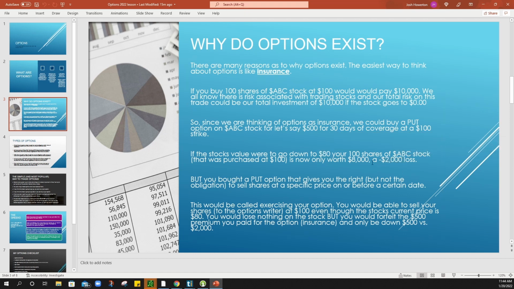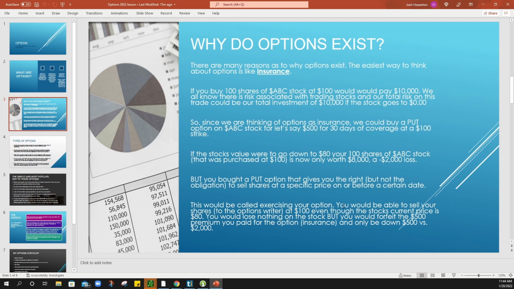Pretty easy stuff. But now let's apply the fact that we're going to buy a put, which is our insurance policy. What that allows us to do is exercise it. It allows us to sell those shares for $100. That's what we paid for them. Tesla's worth $80.